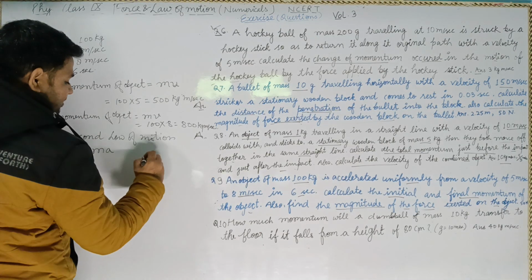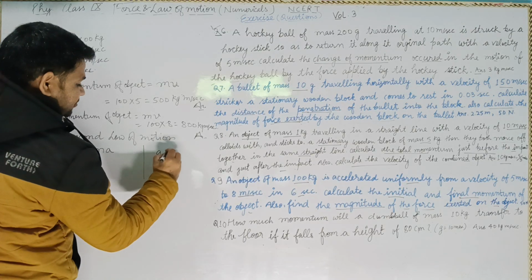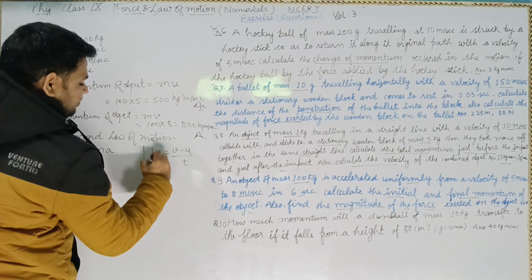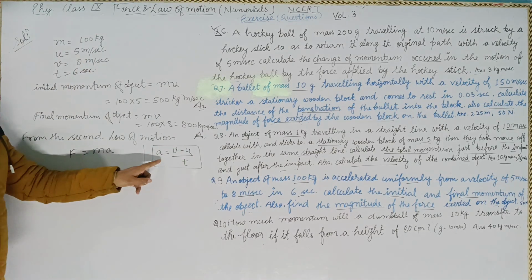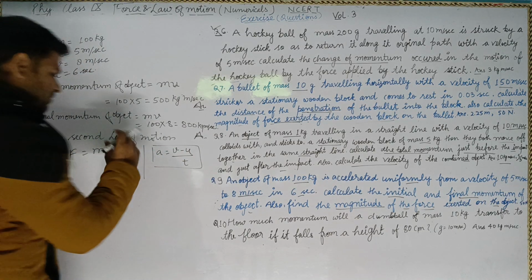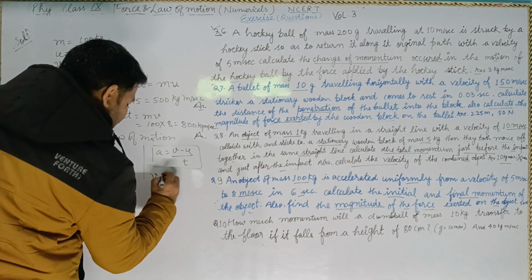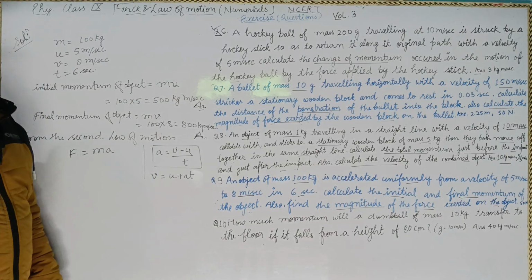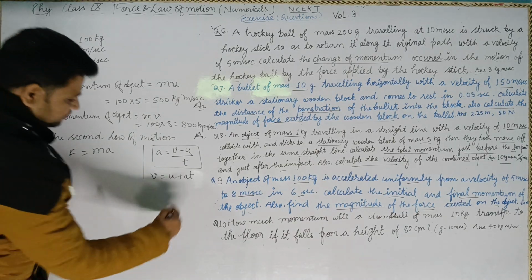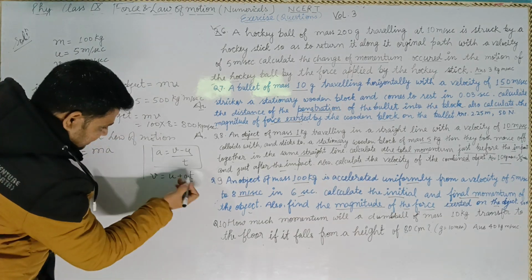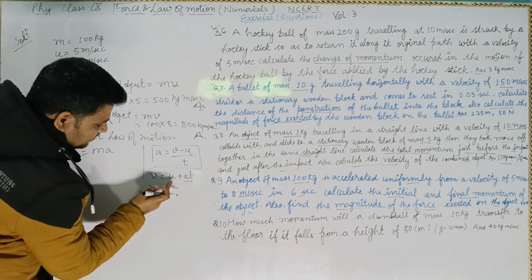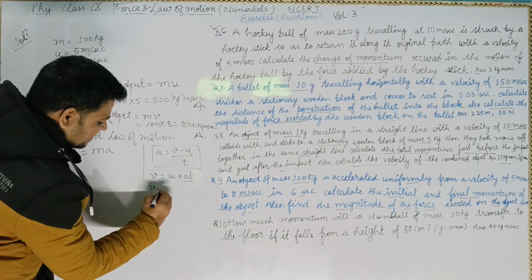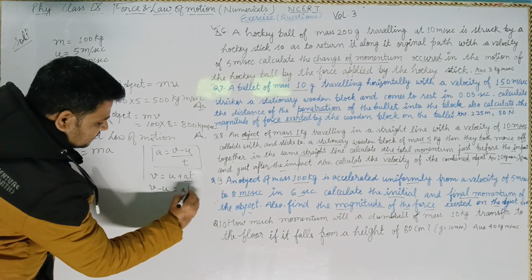Another, we know that a is acceleration, the rate of change of velocity. From the first equation of motion, we know that v equal to u plus at. From here, at equal to v, take u to the other side, it will be negative, v minus u is equal to at.